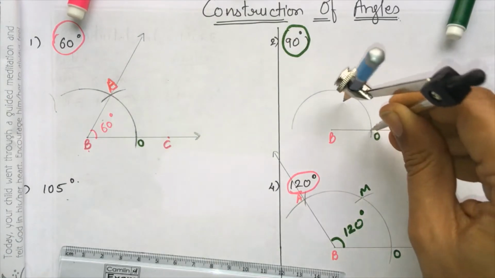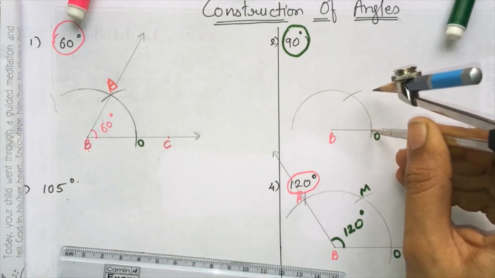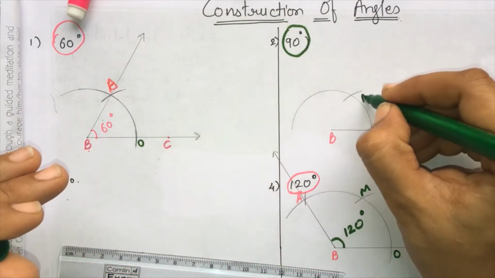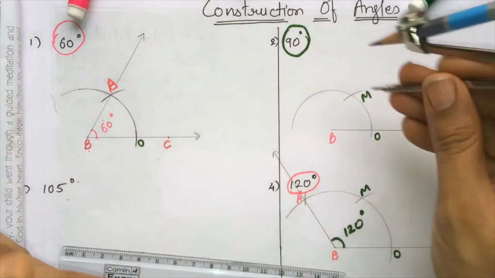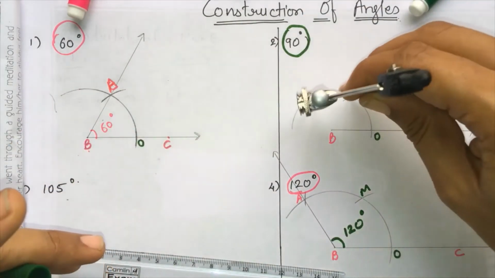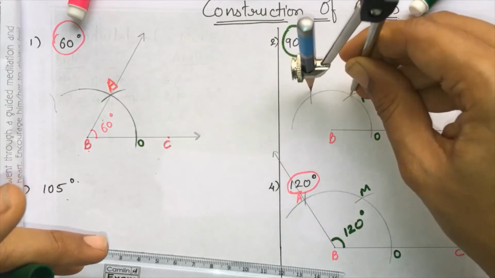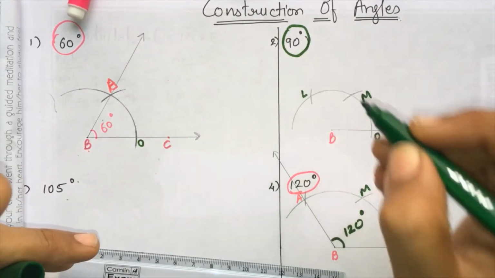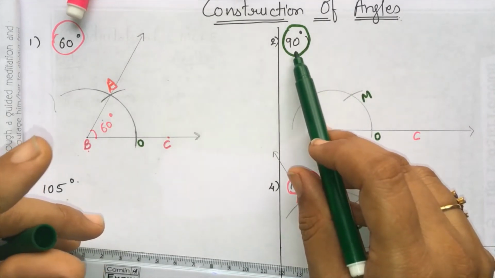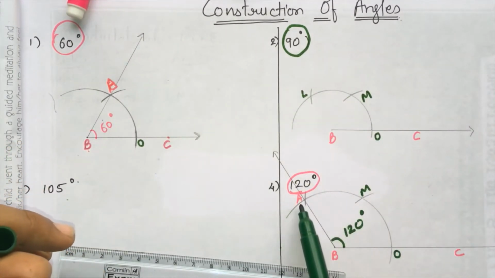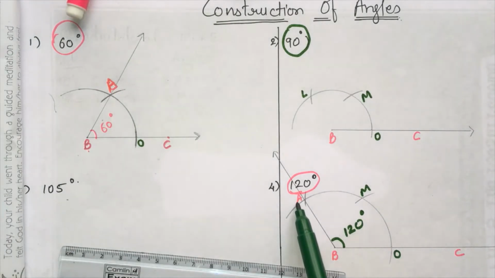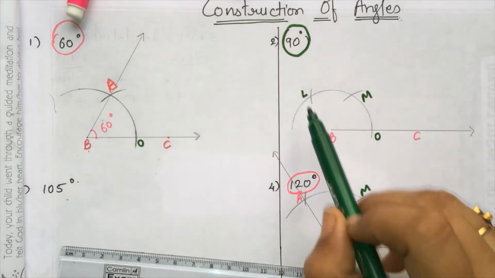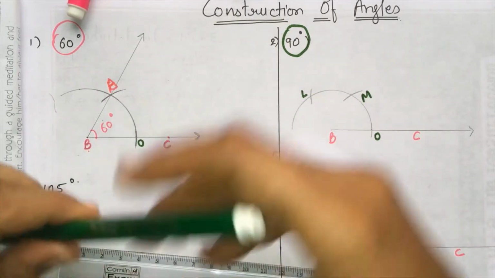Now O will be the center, this is the second arc, and this is point M. Again M is center, and this third arc, this I am going to name L, because we have to go for construction of 90 degree. Where it was 120 degree, I had already given it the name A, so that it would be ABC. But here our construction is still not complete. So this is L.